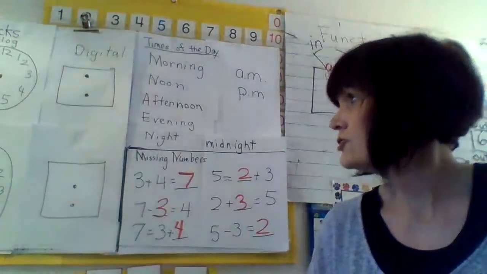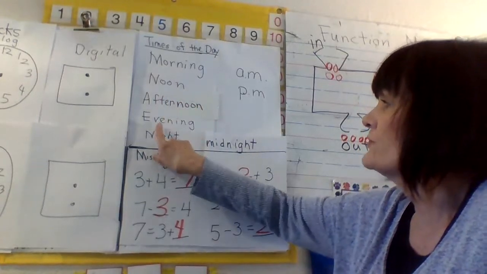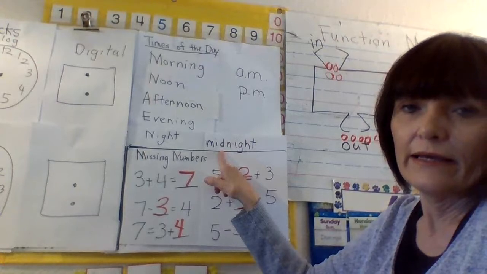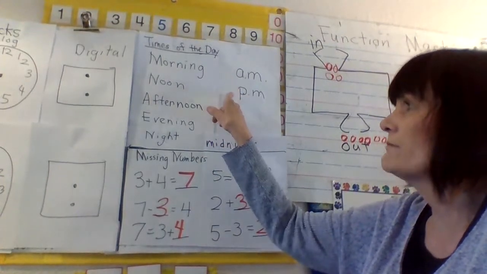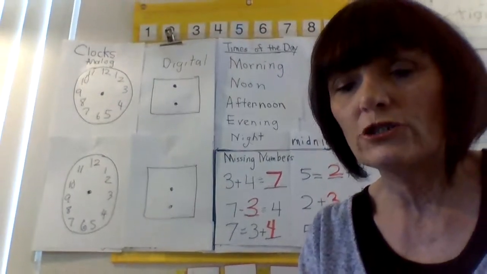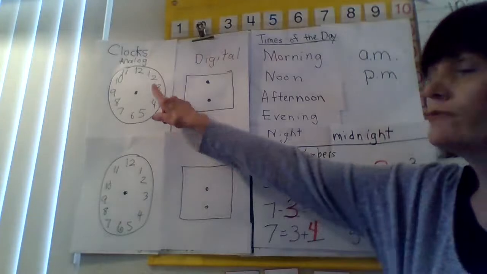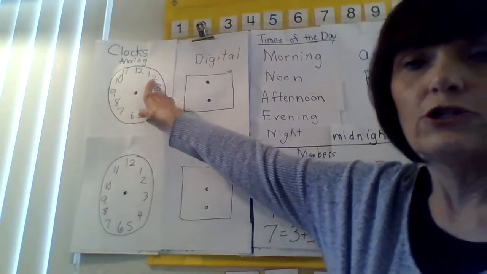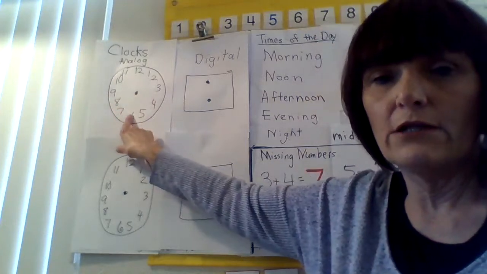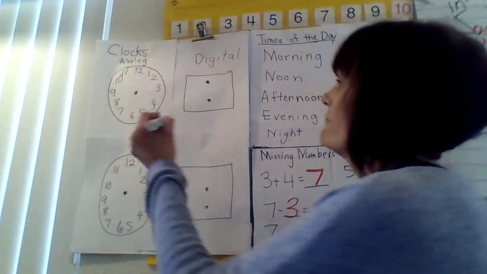All right, good job. So times of the day: morning, noon, afternoon, evening, night, and midnight. Okay, divided into AM and PM. Let's look over here at our analog and digital clocks. All right, now I would like you to look here, and I am going to write the time. I'm going to draw the hands on the clock. All right, first I am going to make it 5 o'clock.